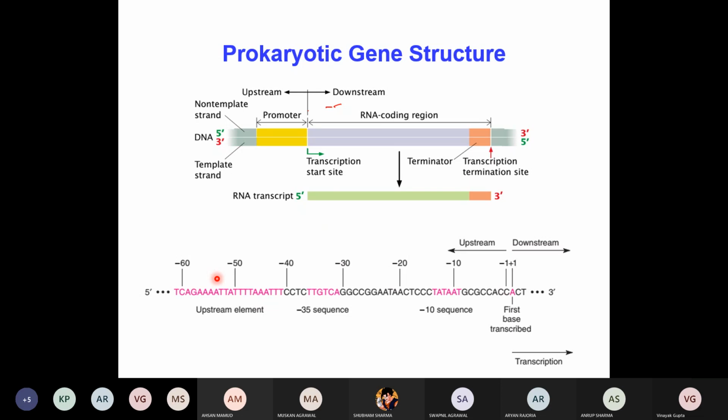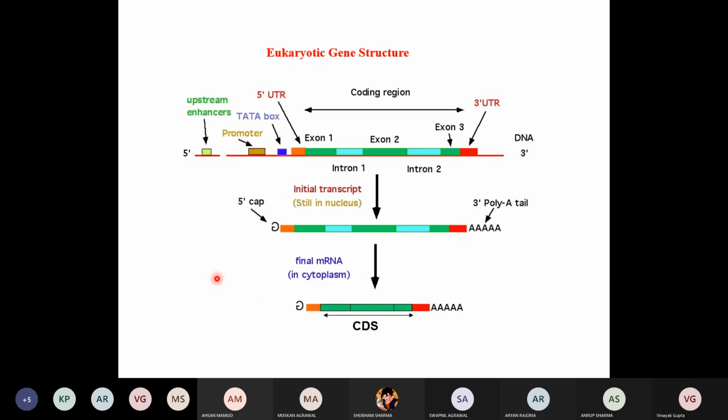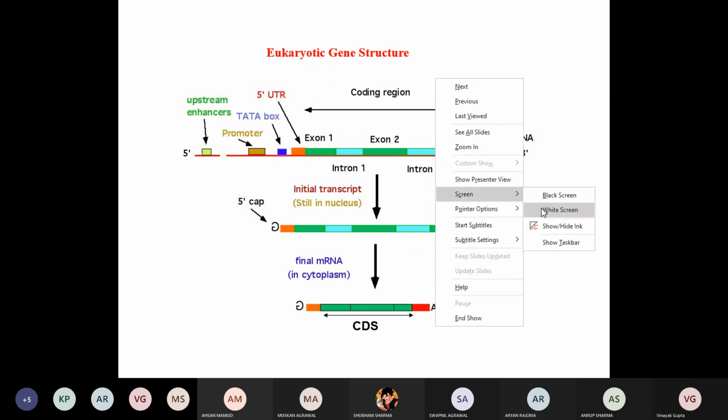Now we are moving to the eukaryotic gene structure. Some differences are there. Overall, it is going to be the same. Here you are seeing most of the things: 5' UTR, promoter, coding region, 3' UTR. So what is the difference? I will try to explain on the white screen. Let's say this is the eukaryotic gene.